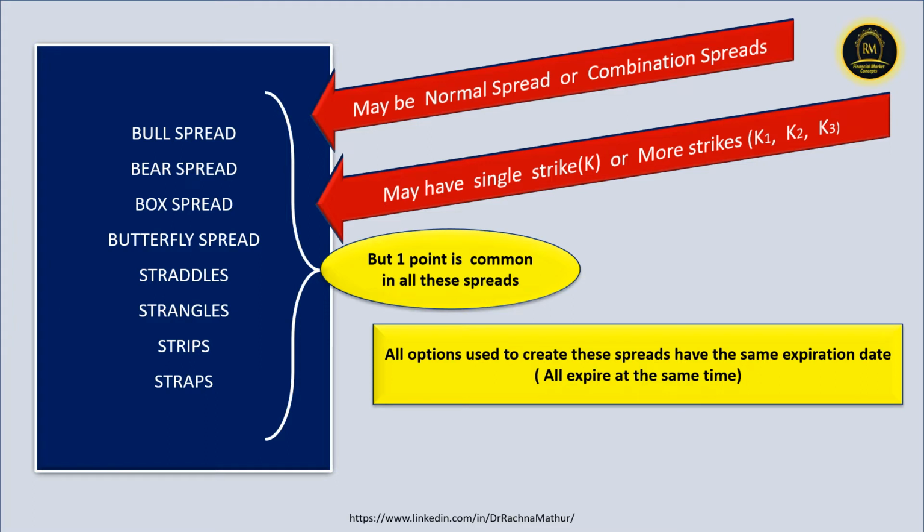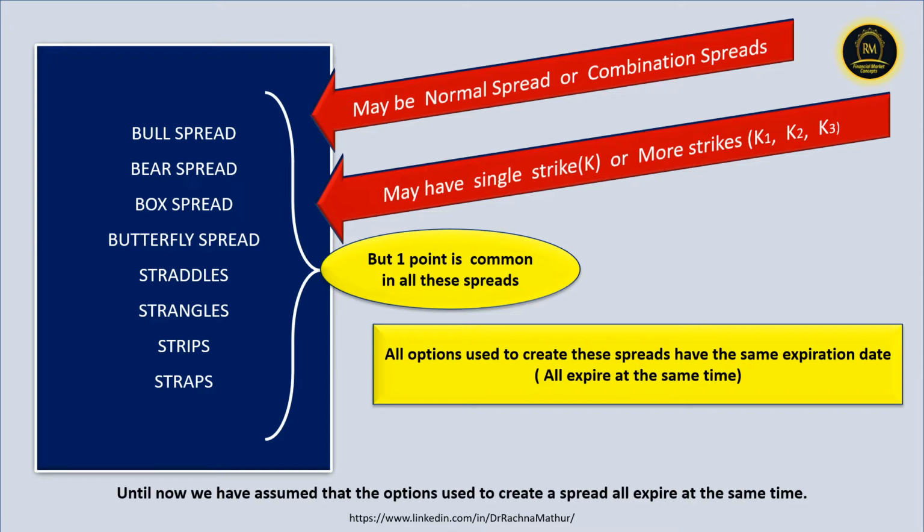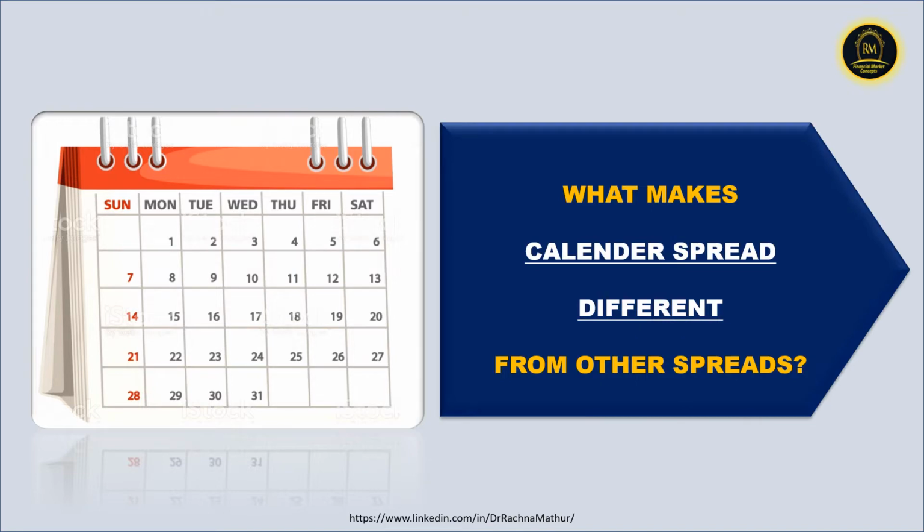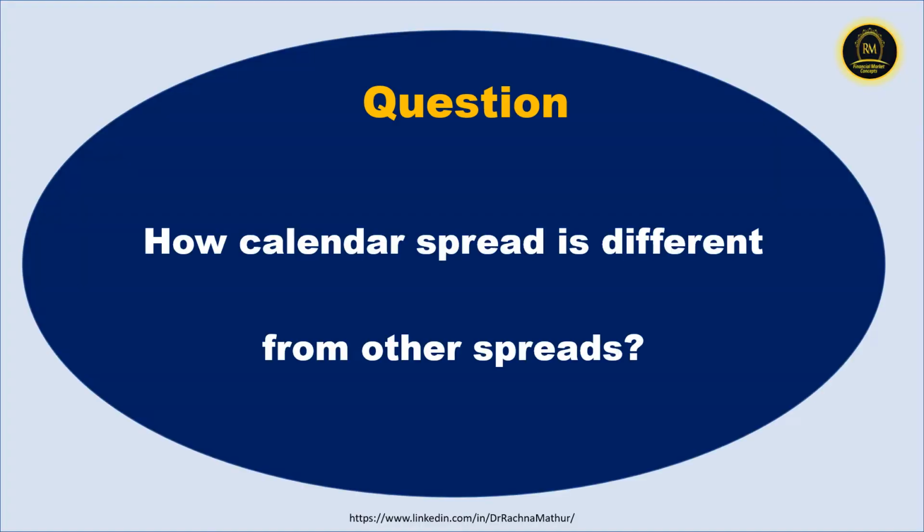So up till now, we have assumed that options used to create spreads all expire at the same time. So now in this presentation, we will see calendar spread in detail and try to find out what makes calendar spread different from other spreads. So the question comes, how is calendar spread different from other spreads?